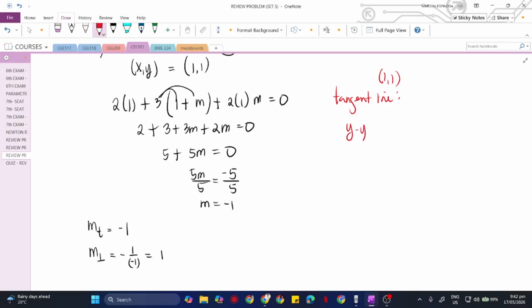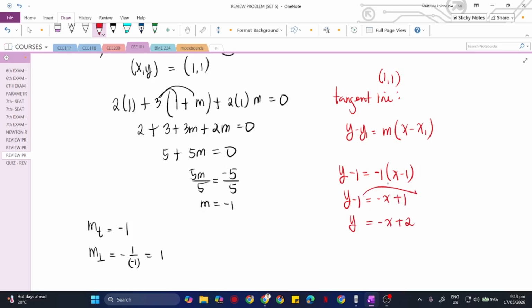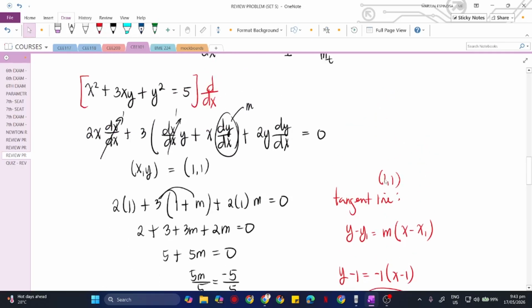Remember, y minus y sub 1 equals the slope multiplied by x minus x sub 1. So y minus 1 equals negative 1 times (x minus 1), so y minus 1 equals negative x plus 1. Transposing, that will become y equals negative x plus 2. So this is our equation of the tangent line.